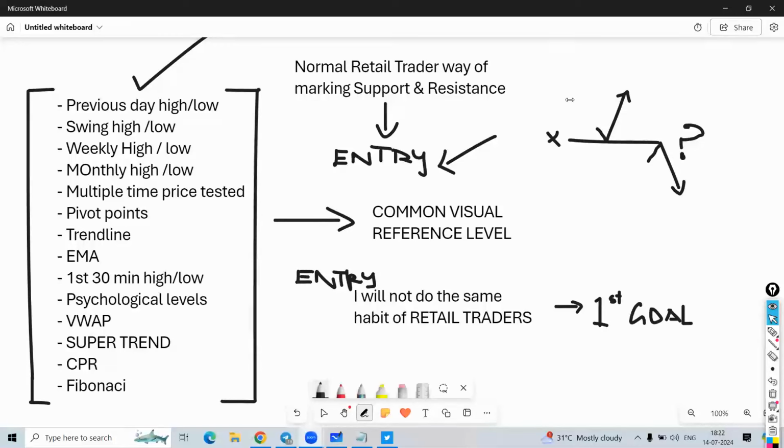How many traders in this session have managed to make consistent money by following any of these reference levels? Price testing and taking support, I'll buy. Price testing and taking resistance, I will sell. How many were able to make consistent money from the market?